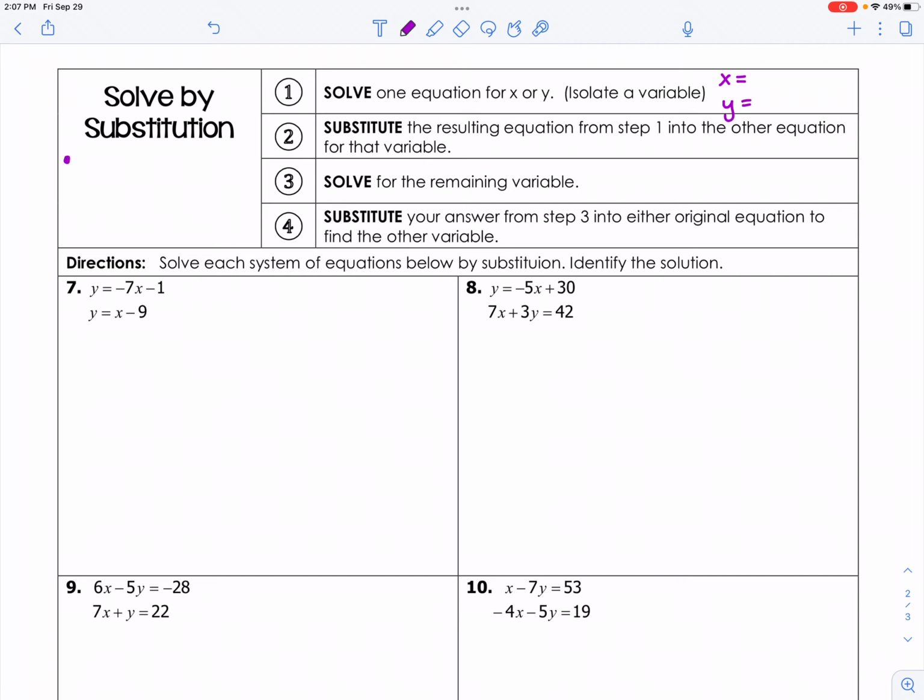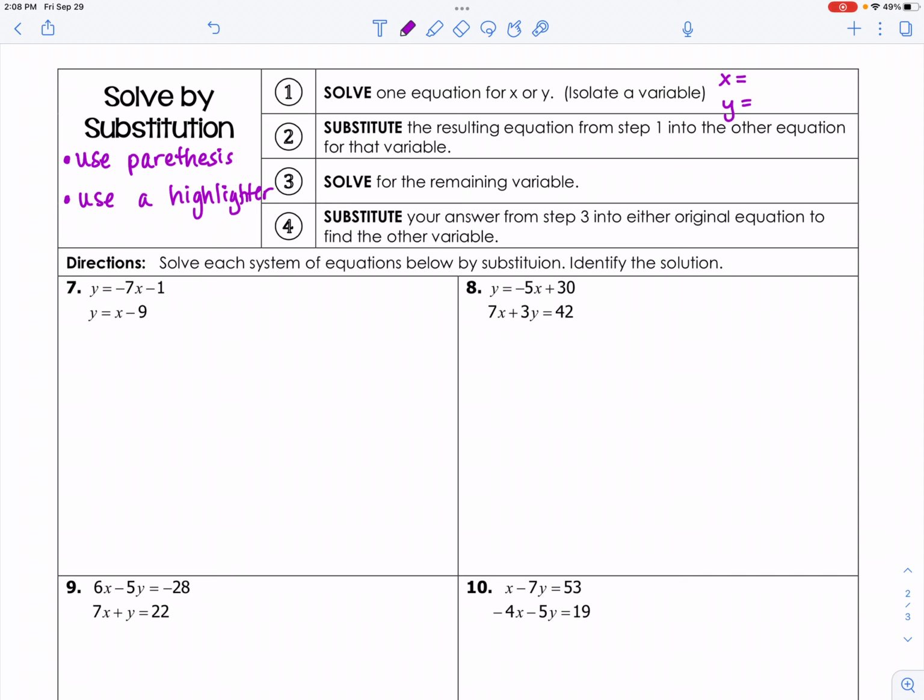I highly recommend, if you're doing this on paper, make sure that you use parentheses when you are substituting. Also, it helps if you have a highlighter, just so you can identify what you're substituting. Using a highlighter sometimes kind of helps for that.